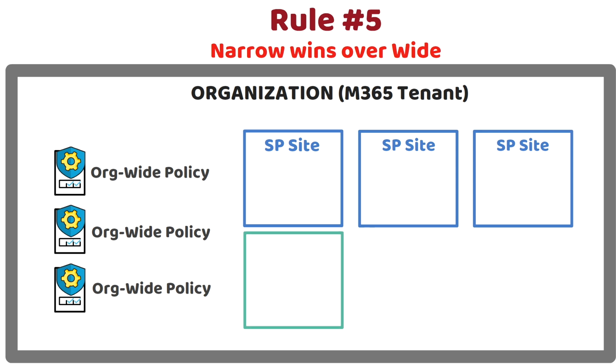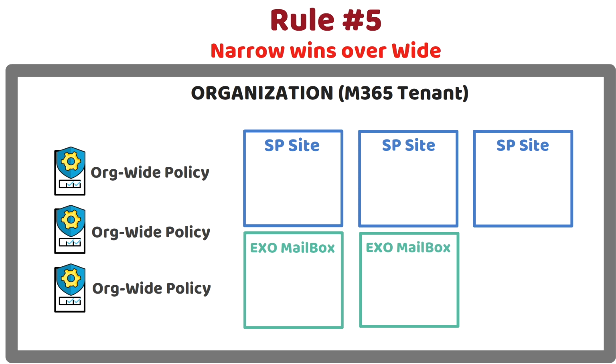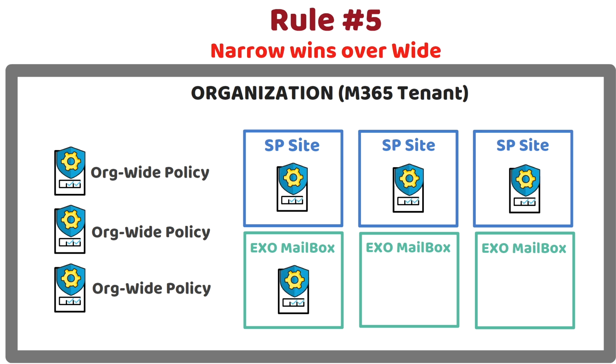Mailbox-specific retention policies. In Exchange Online, you can assign retention policies directly to individual mailboxes, which will take precedence over broader org-wide policies for those mailboxes. This rule of retention ensures that policies with a narrower focus take precedence over broader settings so that the specific needs are prioritized.